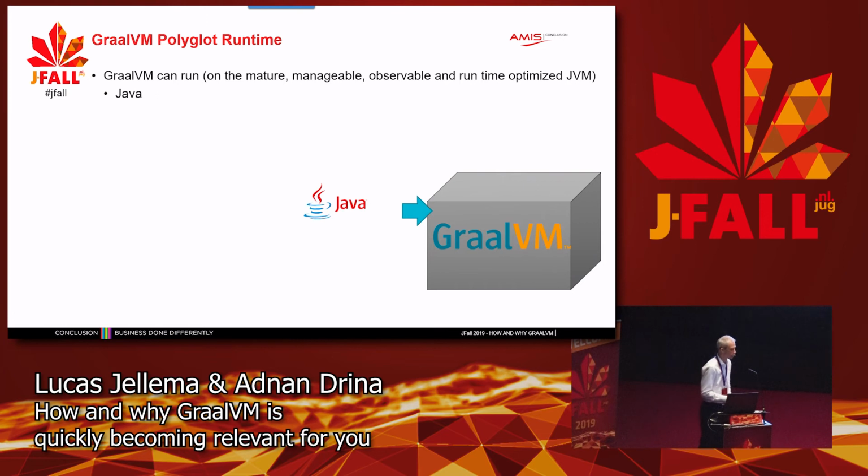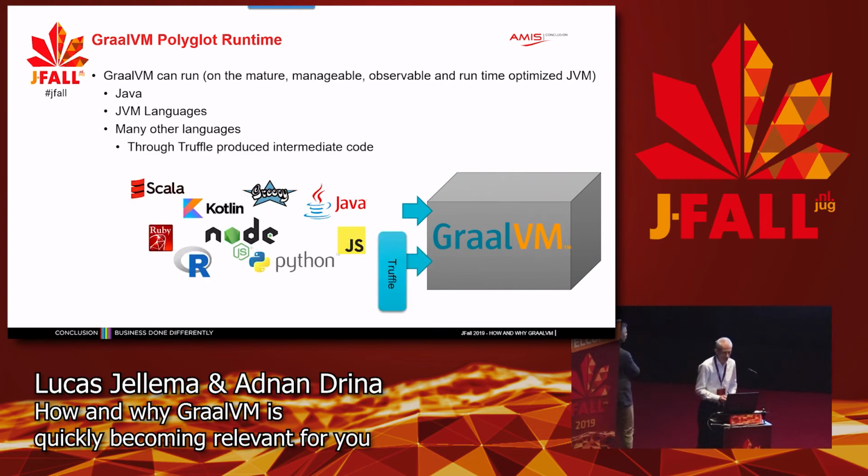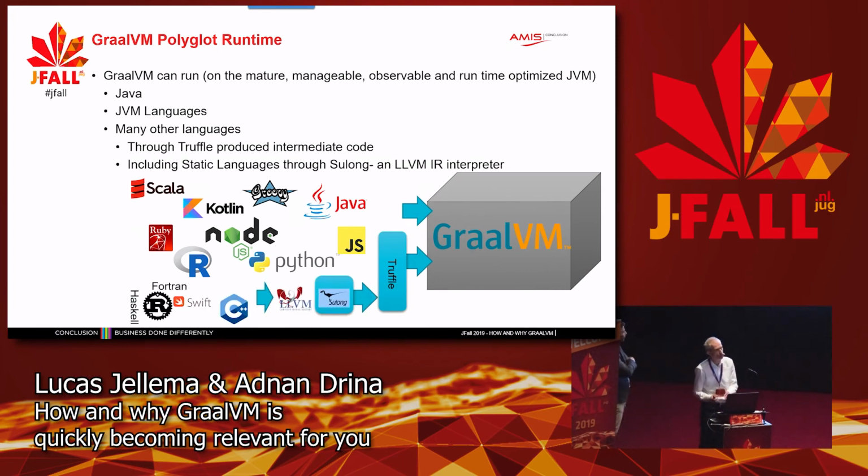It can run Java, it can run all the JVM languages, no surprise there, but it can also run many languages that are not related in any way to Java or the JVM, and it does so through Truffle, I mentioned that before. And we can even take statically compiled languages such as C, C++, Swift, and Rust, use the LLVM, which is kind of a polyglot thing in itself, take the output from there and run that too on GraalVM.